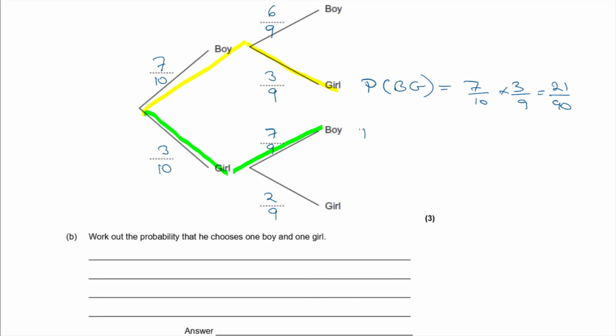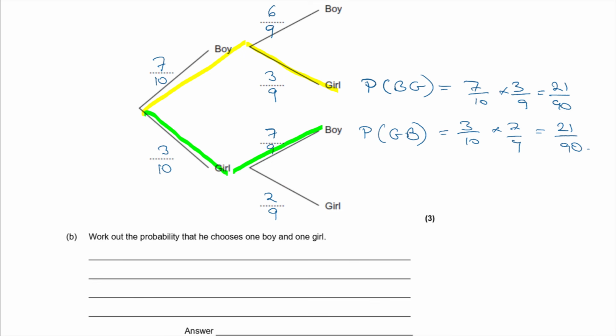And then the probability of girl boy is 3/10 times 7/9. Notice the probabilities come out the same, which is pretty much always the case when you've got these things the other way around.